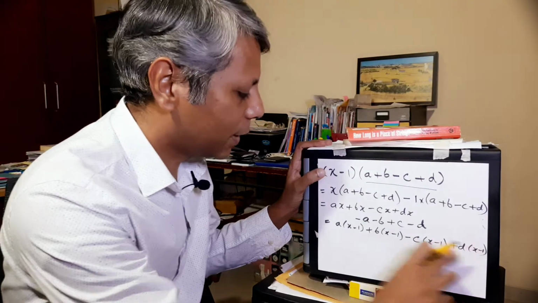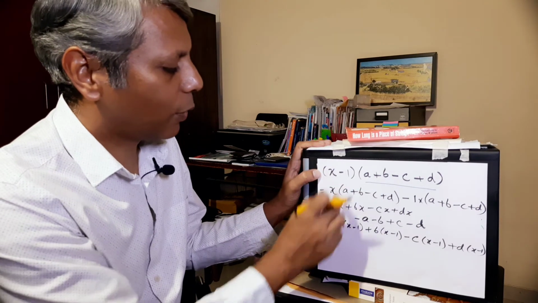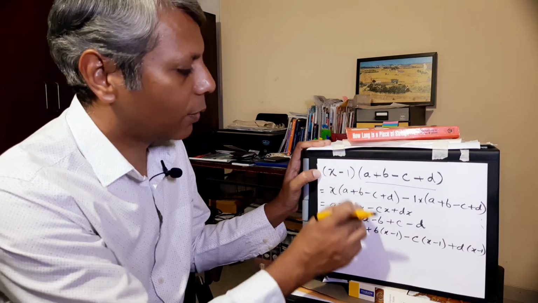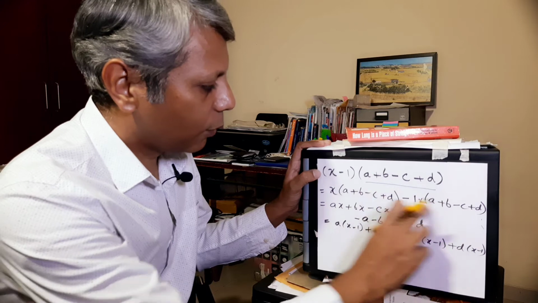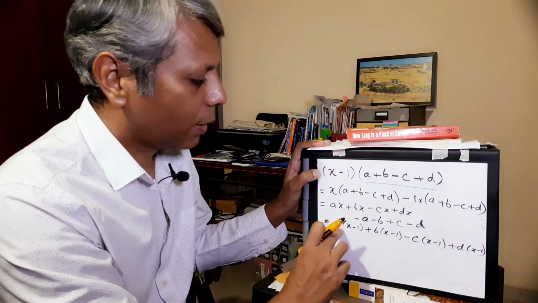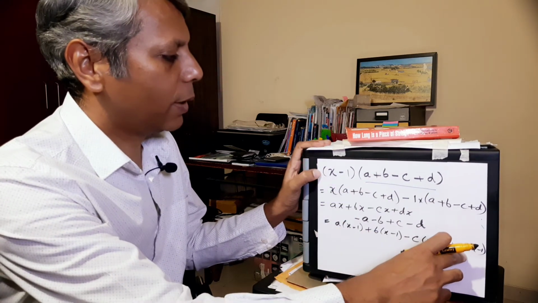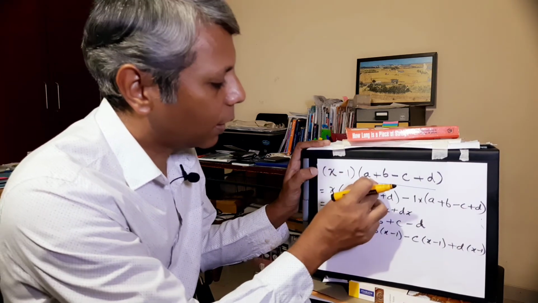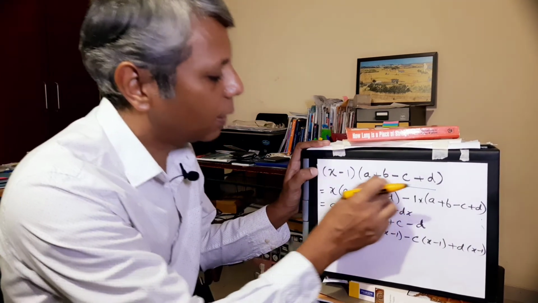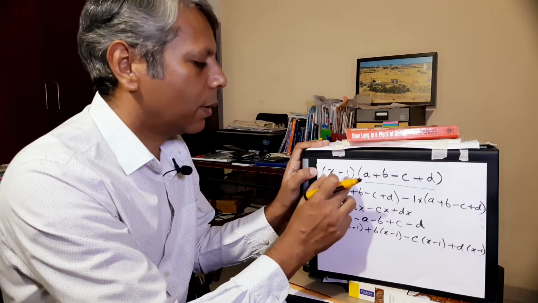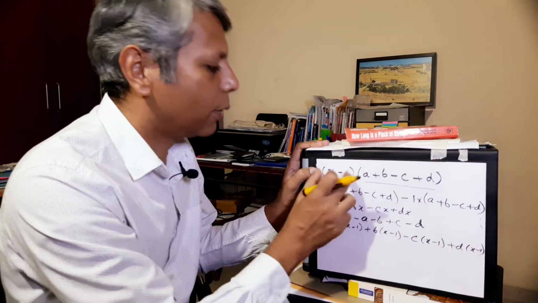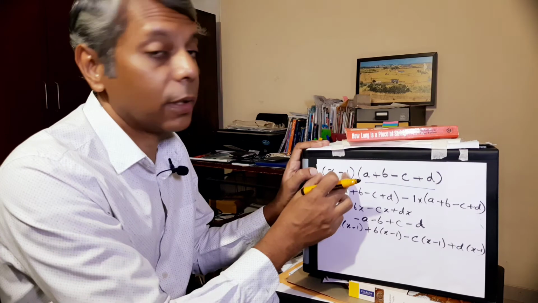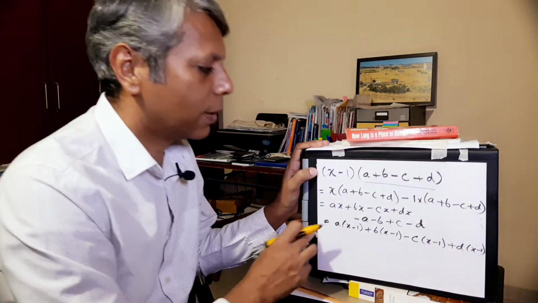This is actually quite silly, because what we're doing is, at this step we opened these brackets. Here what we did is, we are keeping this and we are saying x minus 1 into a plus x minus 1 into b minus c into x minus 1 plus d into x minus 1. So that is what is here.